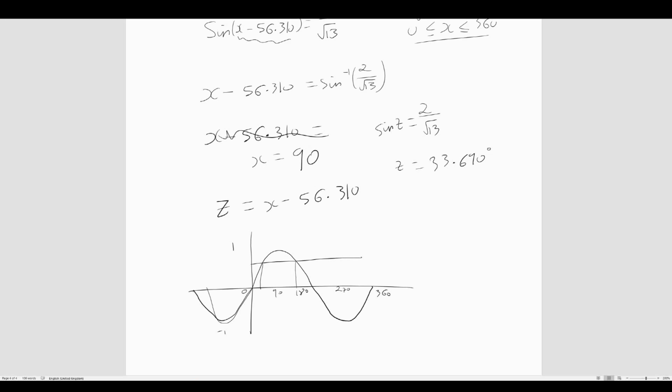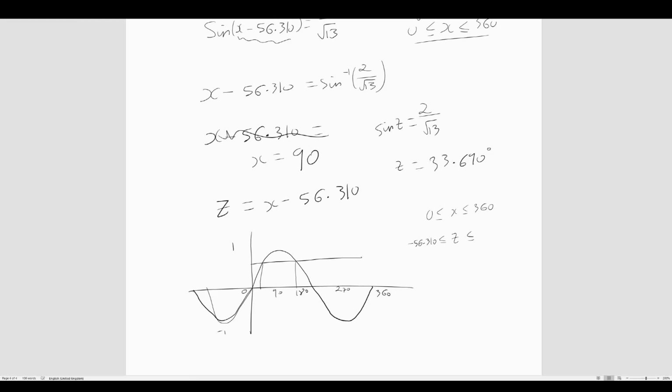So we know that the range for x is 0 to 360. Now z is just x minus 56.310. So that means to get the range for z, I just need to take away 56.310 from both sides.